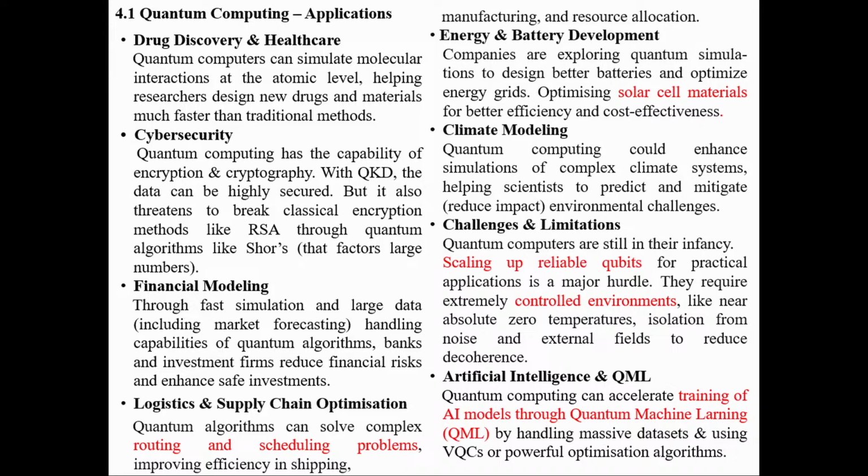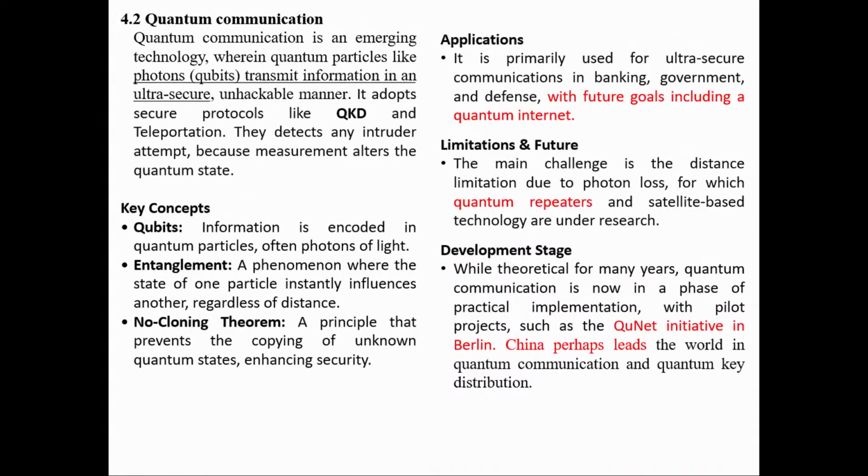There are some circuits, and of course I don't have time, so those things we can do later. And quantum communication is also an emerging technology wherein quantum particles like photons transmit information in an ultra-secure, unhackable way by using quantum key distribution, teleportation, etc. Some techniques and some algorithms are there.